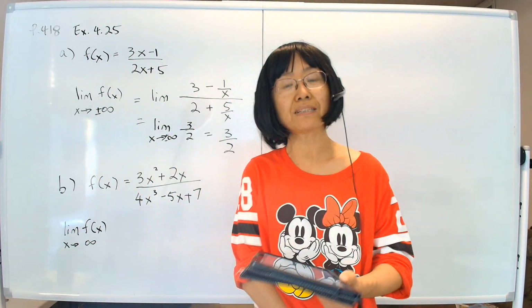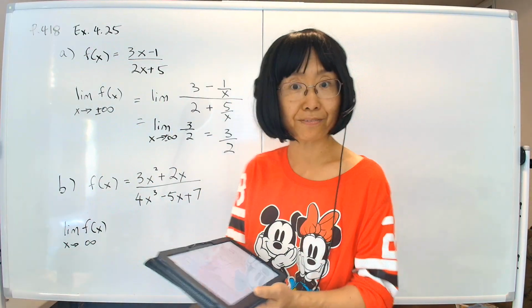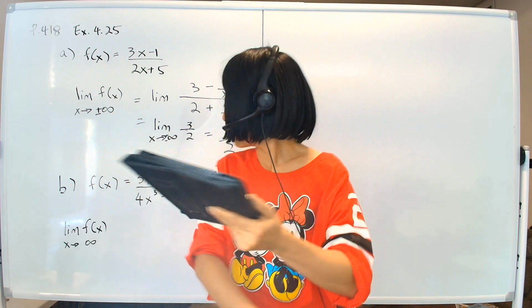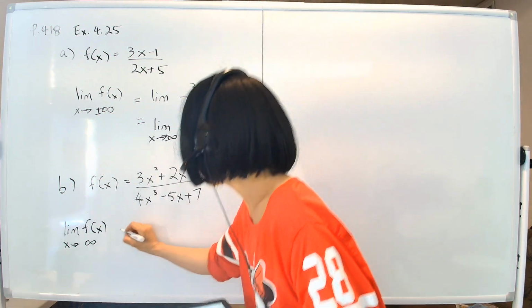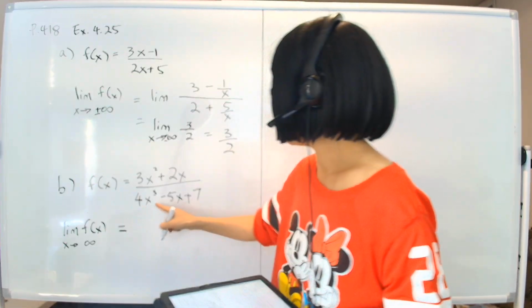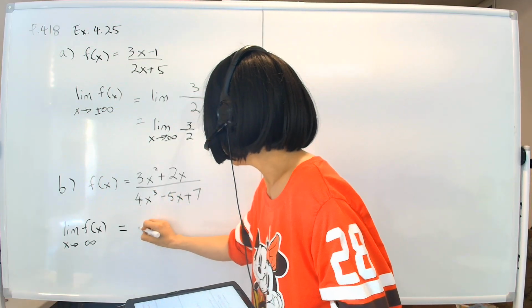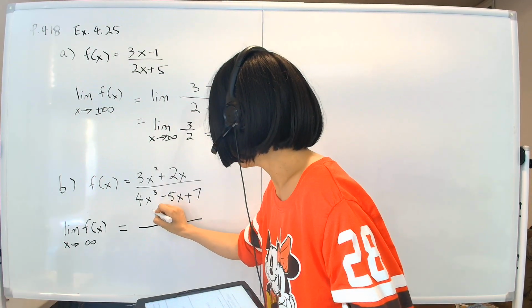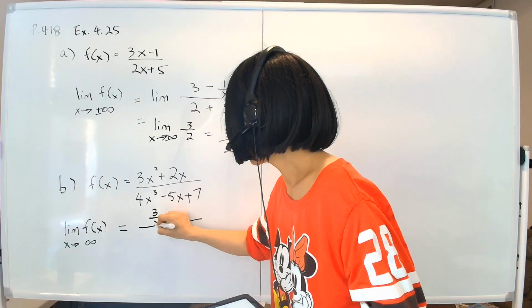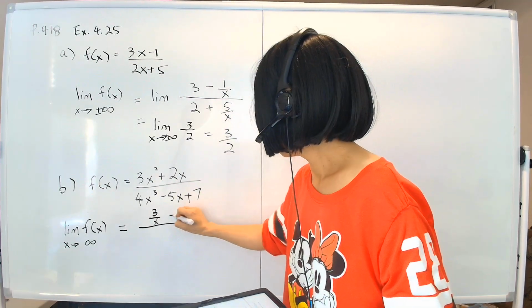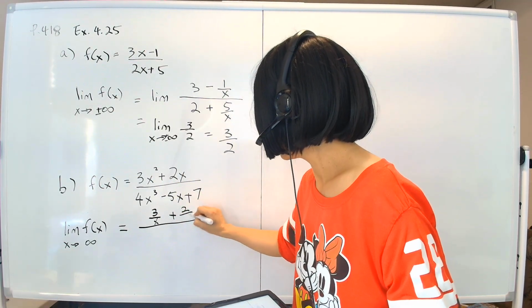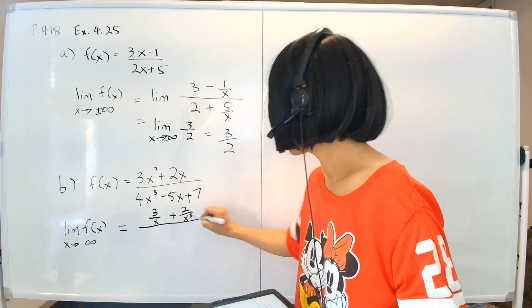We'll do the positive first and then think about the negative later. We divide by the highest power there is, so the fraction turns into 3 over x, with one x left, plus 2 over x squared.